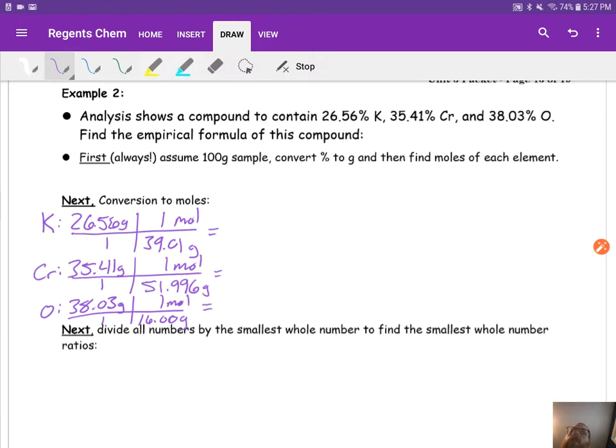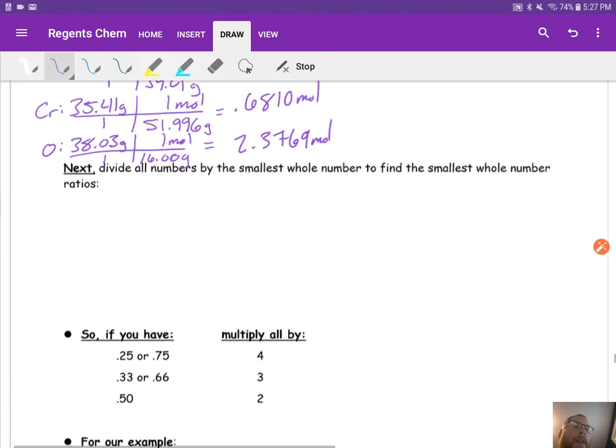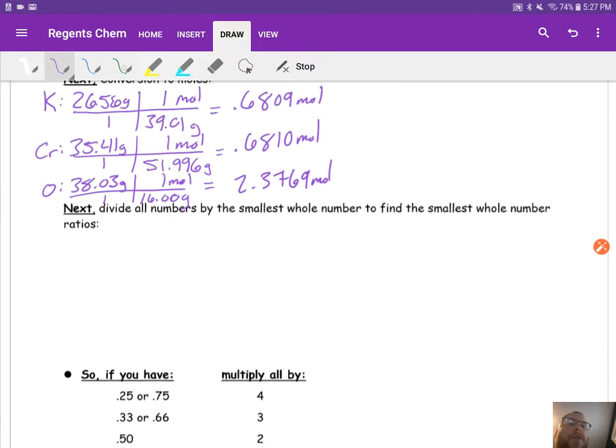All right, so how many moles of potassium do we get when we do the math? We should get 0.6809 moles. For chromium, we should end up with 0.6810 moles. And oxygen, we would end up with 2.3769 moles. Now remember, this next step is the most crucial step.